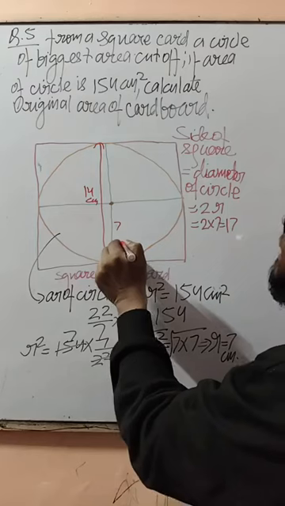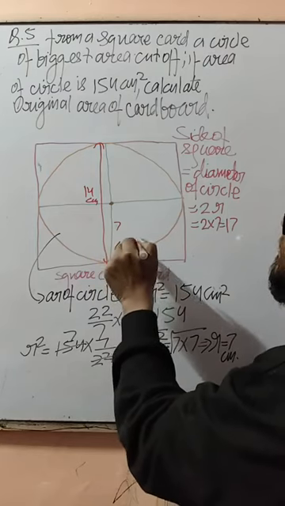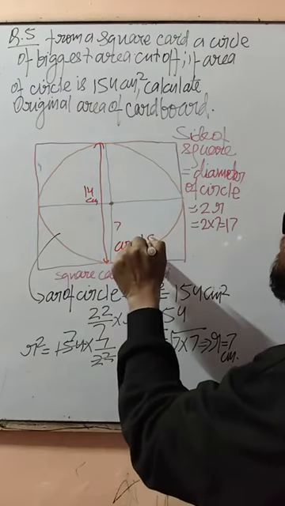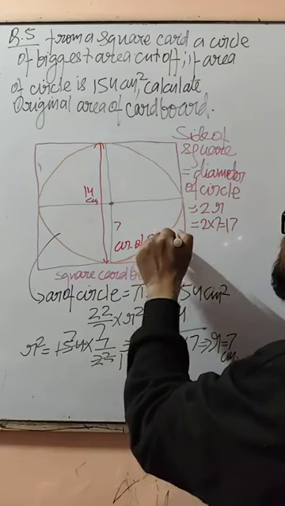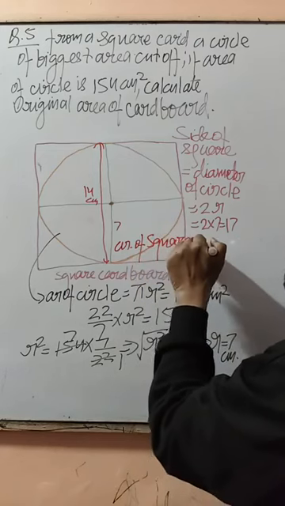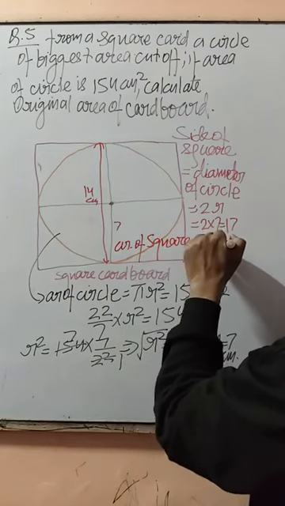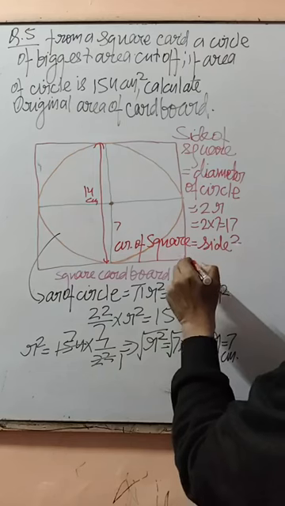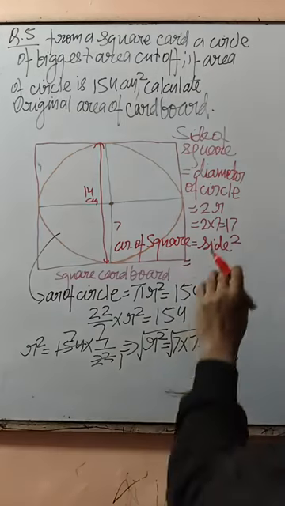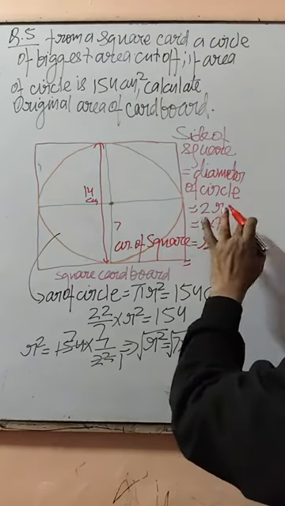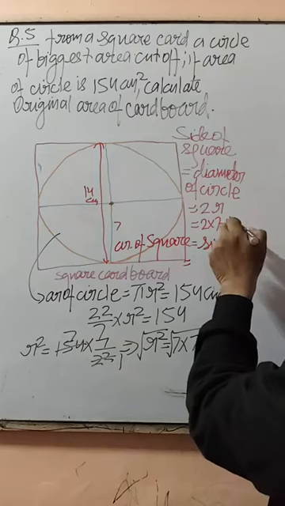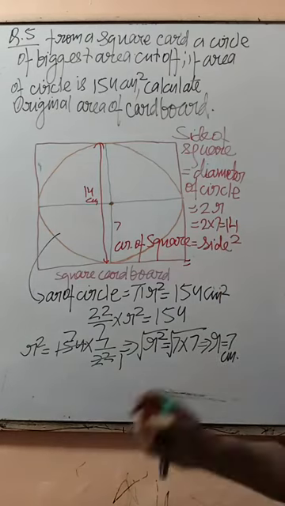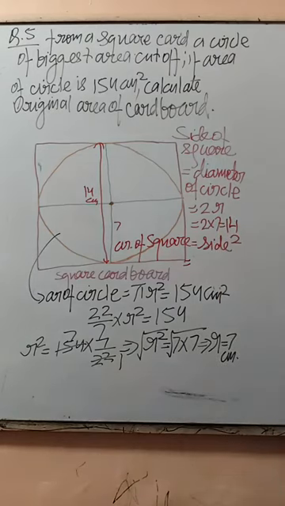So now area of square is equal to side square. Oh, sorry, by mistake I wrote 2 times 7 becomes 14. I'm very sorry. 14.